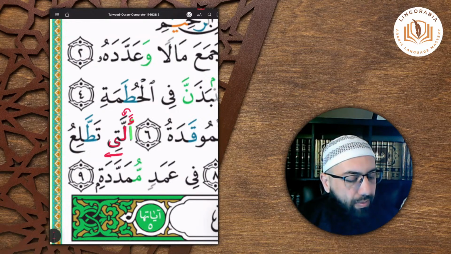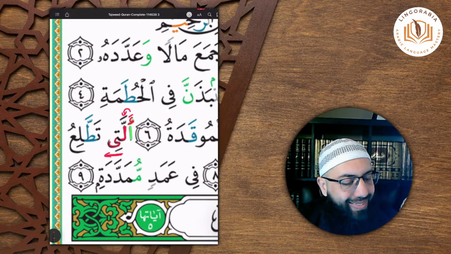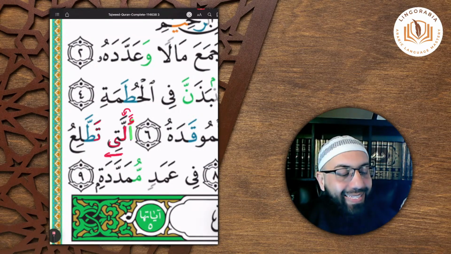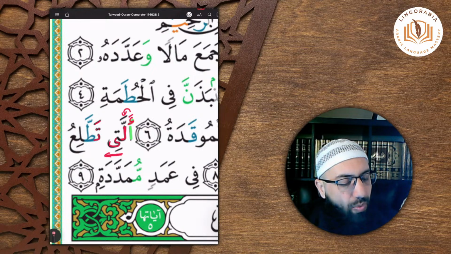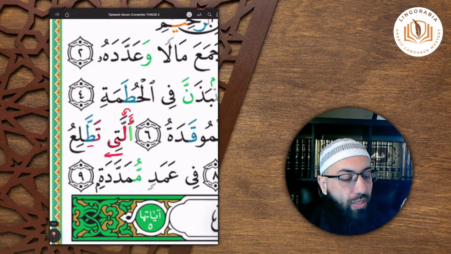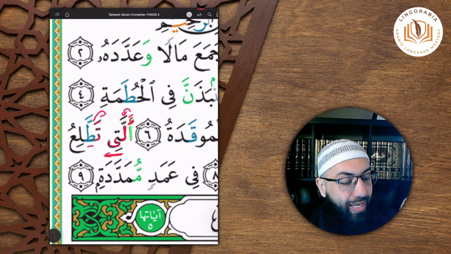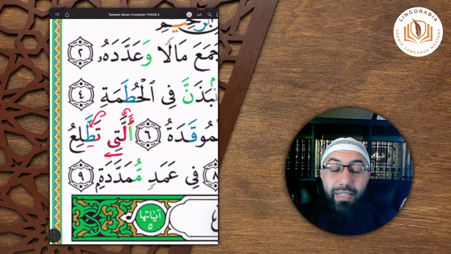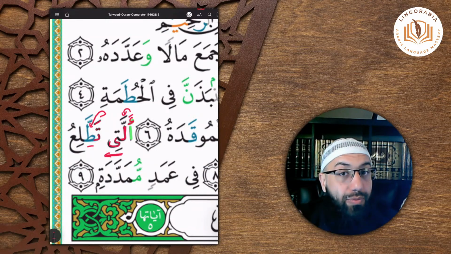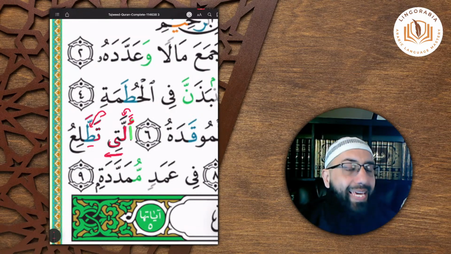And then you have the next word, the ta with the fatha, ta. After the ta, we have a ta with a shadda. This means that there are two tas. The first is non-voweled, so you attach the voweled ta to the non-voweled ta. So you say ta, and then you pronounce the second ta with a fatha.